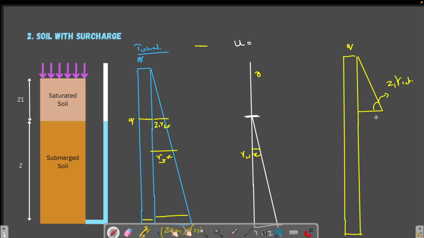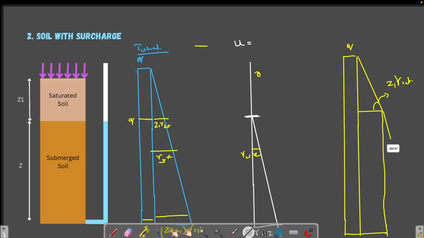So Z1 into gamma saturated will continue to act like this up till this point, and here it will not keep on continuing like this because we are subtracting something, right? So the slope will get reduced.